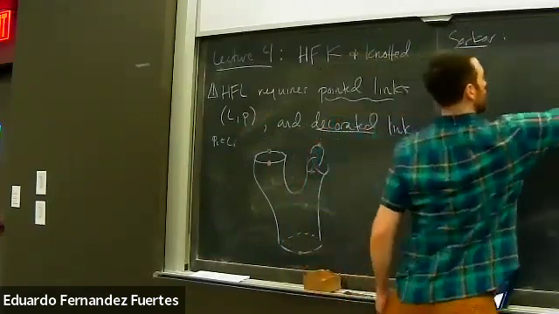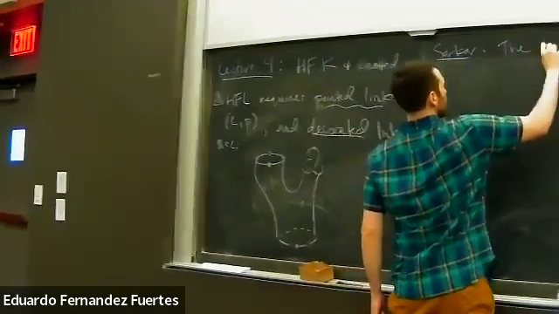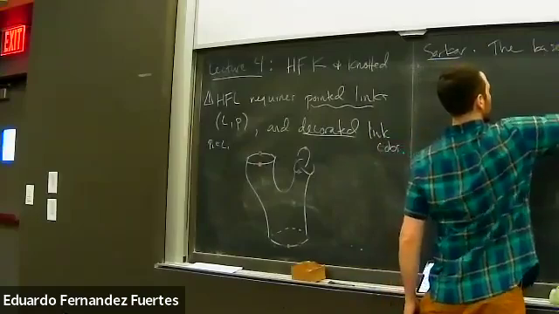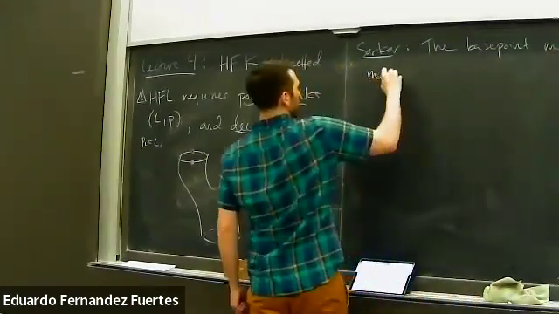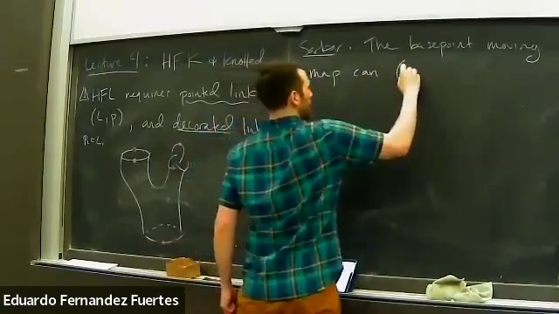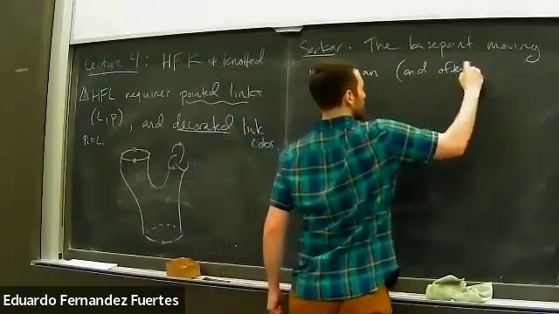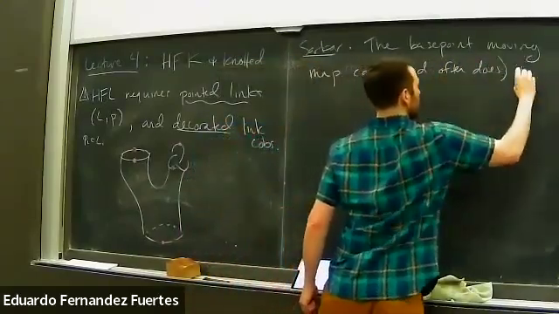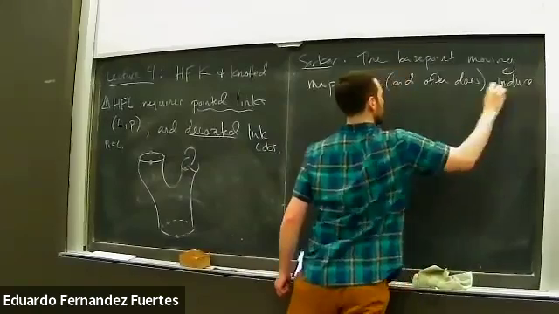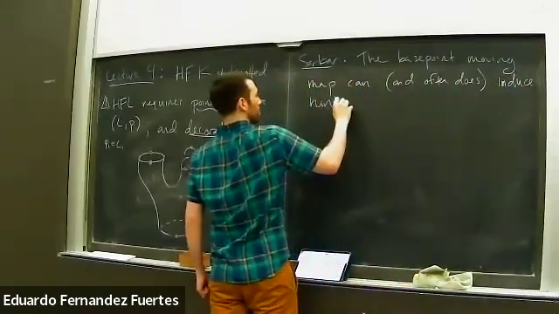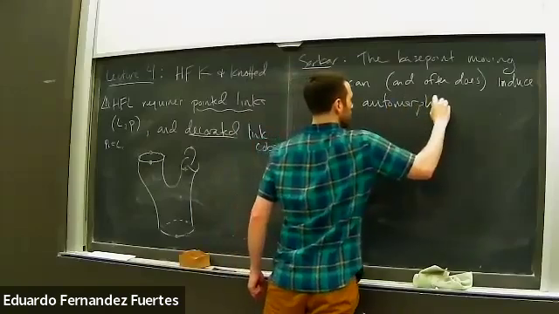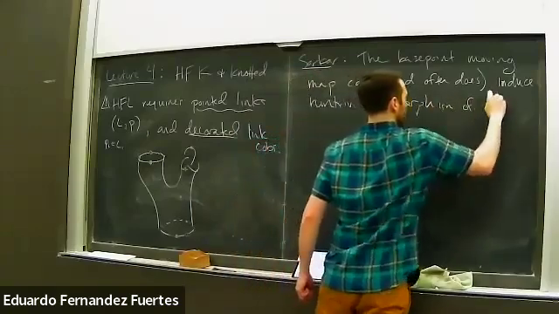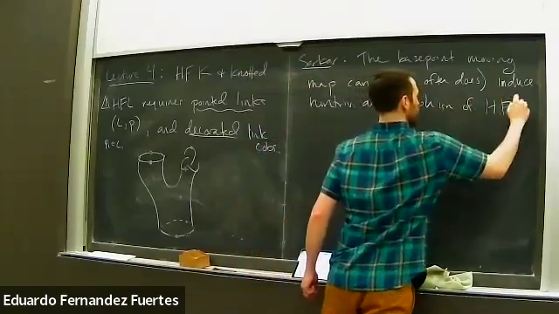So Sarkar showed that the base point moving map can, and often does, induce a non-trivial automorphism of HFL.